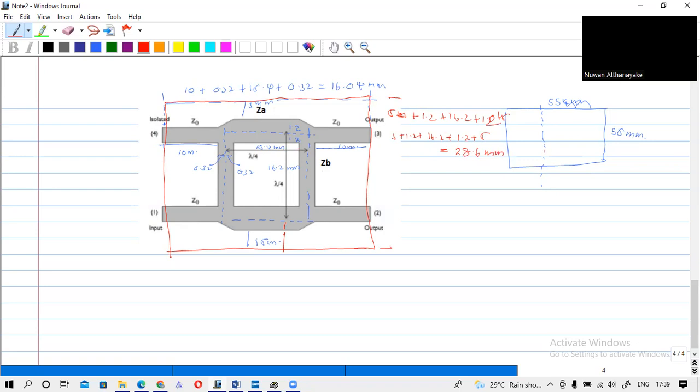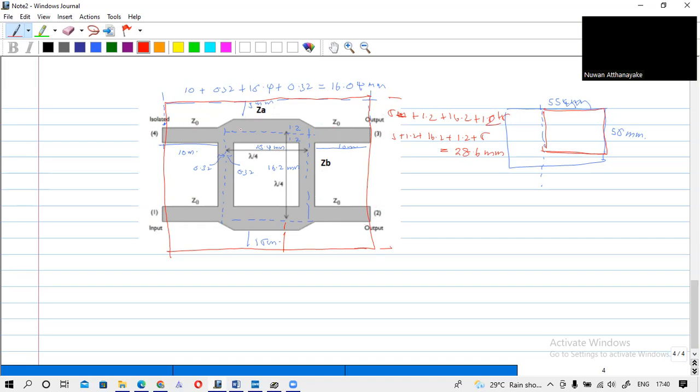The required width you can also cut using a cutting tool. So I get only this section for my design. It is 16.04 long and 28.6 millimeter wide. I take this plate.